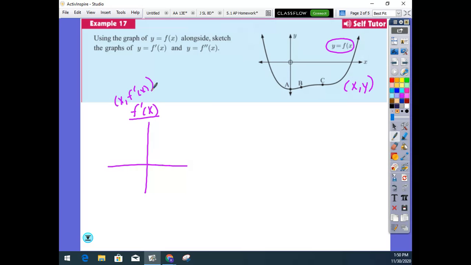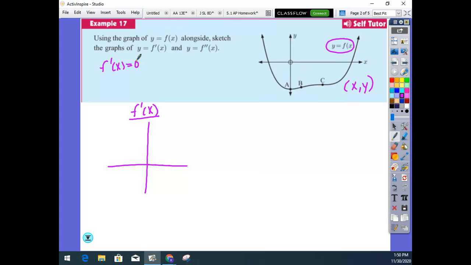All right, so looking at the f of x graph, we have to find out features that we would know about f prime. So think about what we were just talking about. The first thing you always want to decide: where does f prime equal 0?